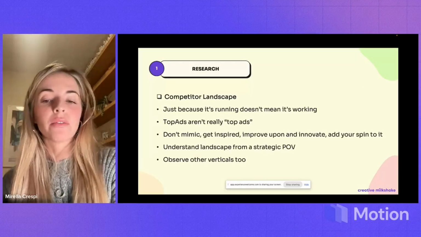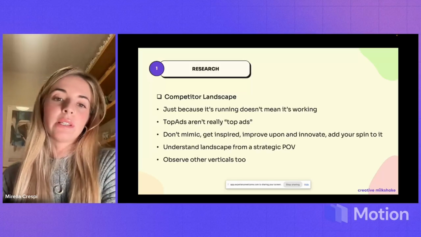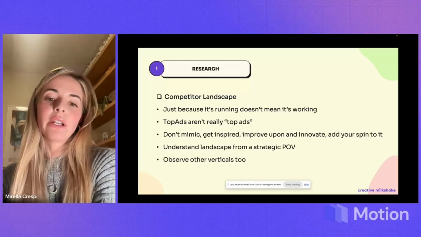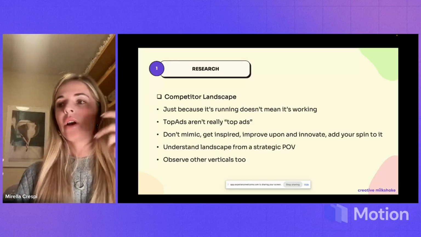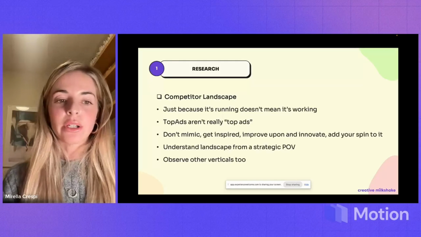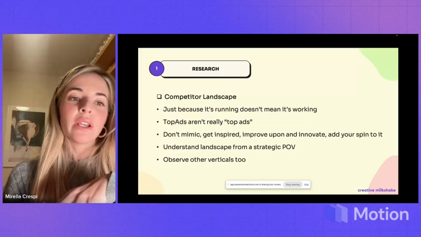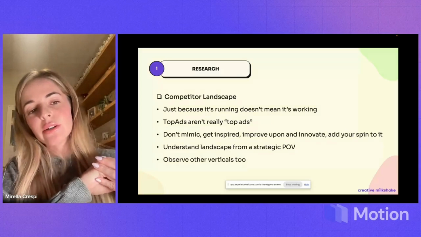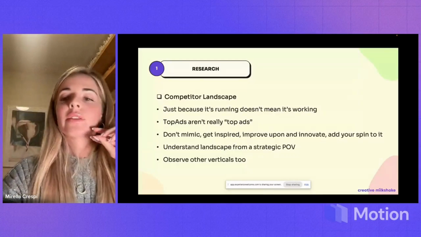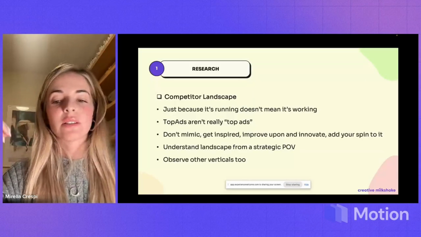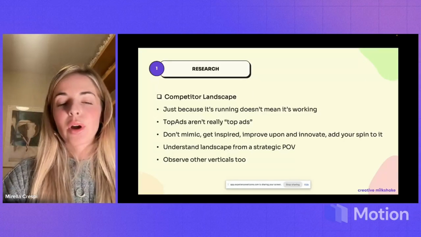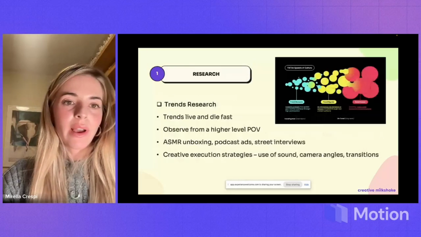You can learn a lot from fitness and wellness advertisers that are targeting weight loss, right? Because it's those common themes of talking about confidence and feeling good in your body. So observe not only your direct competitors, but think about what other brands and other verticals might use similar tactics to speak to those common pain points that all humans have.